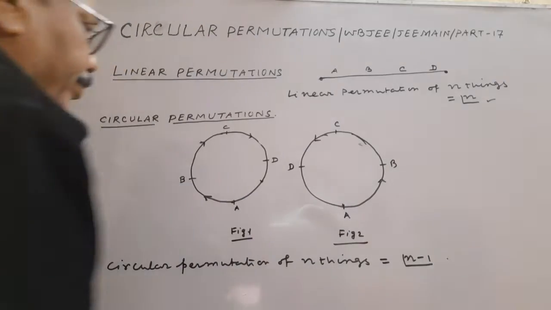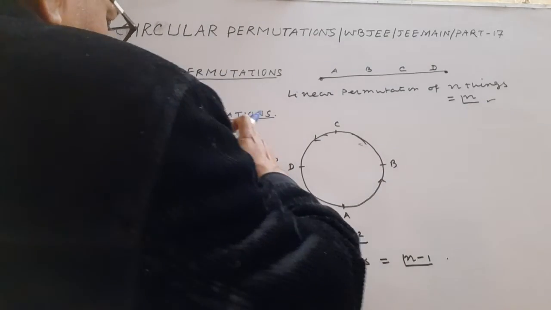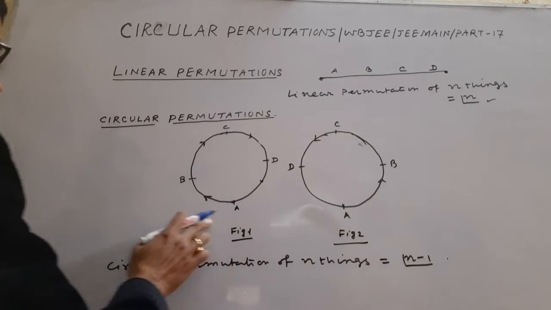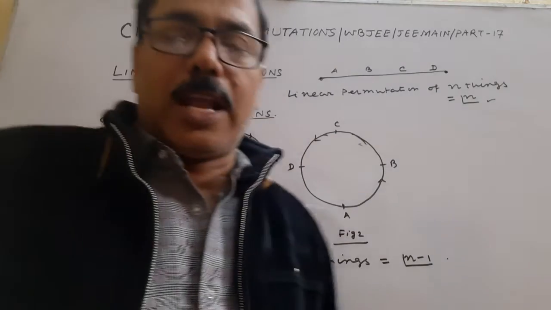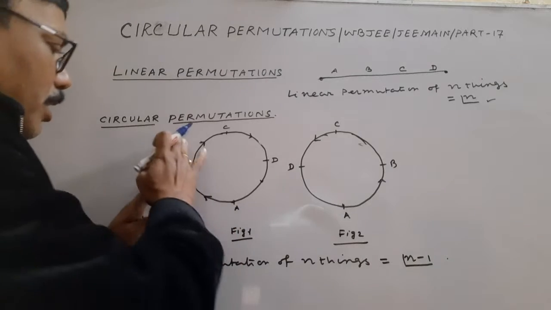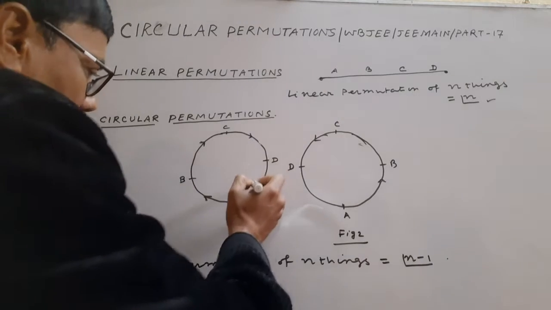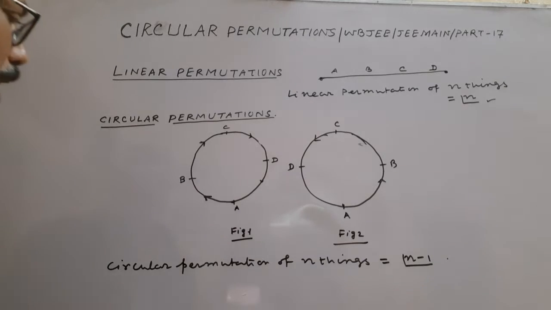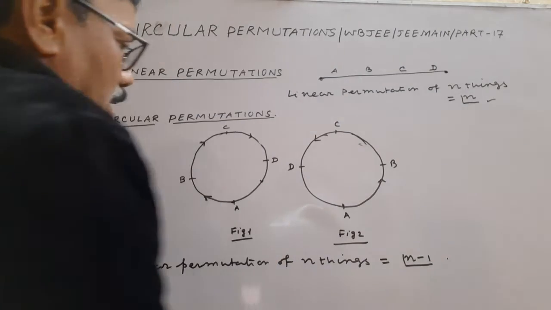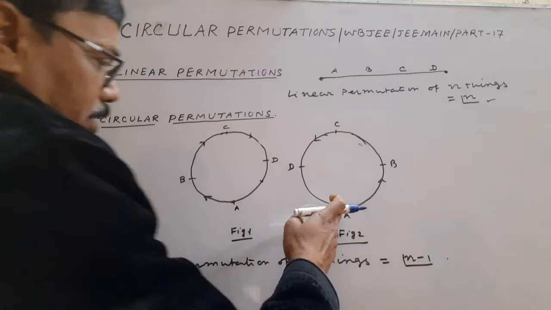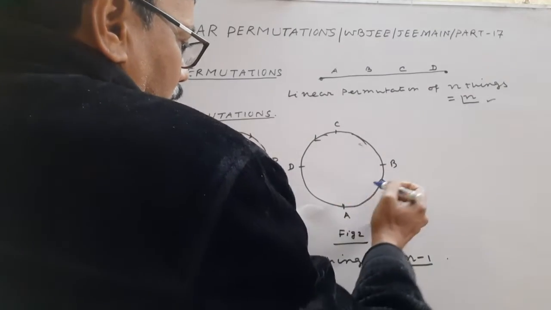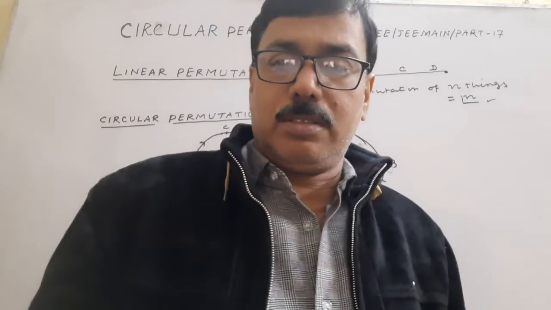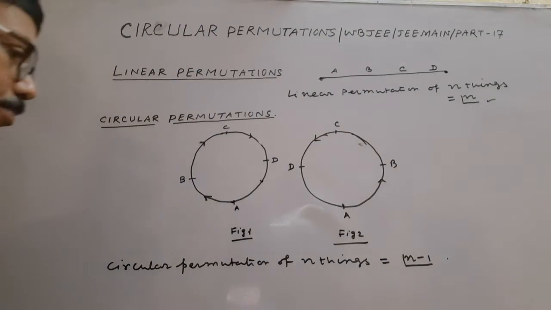Now suppose this is a round table and 4 persons A, B, C, D are arranged at a dinner party. So A, B, C, D may sit in this way, in clockwise or anti-clockwise direction.